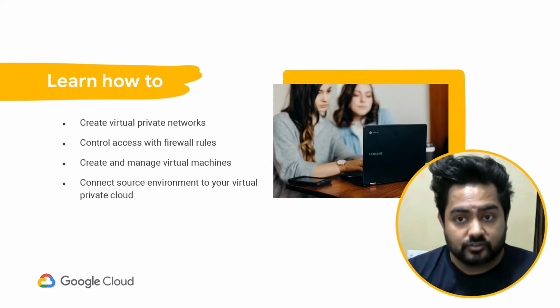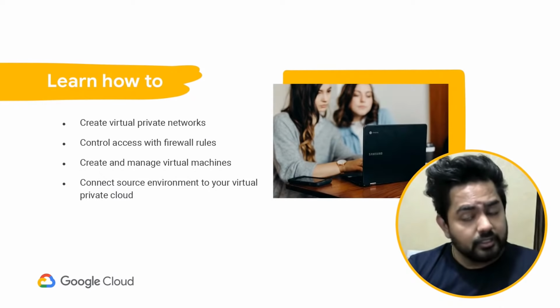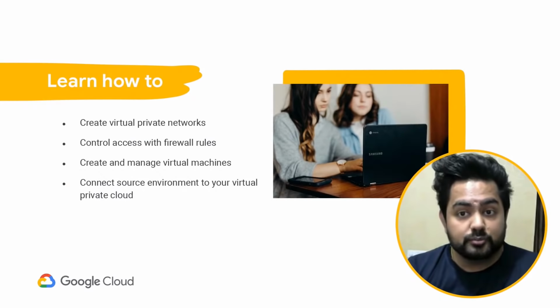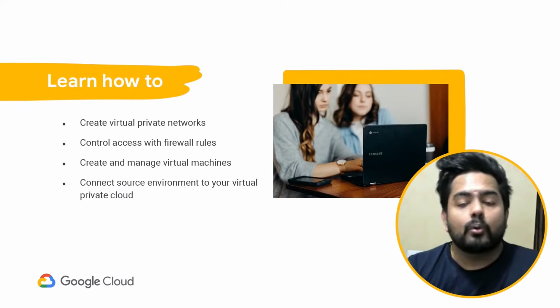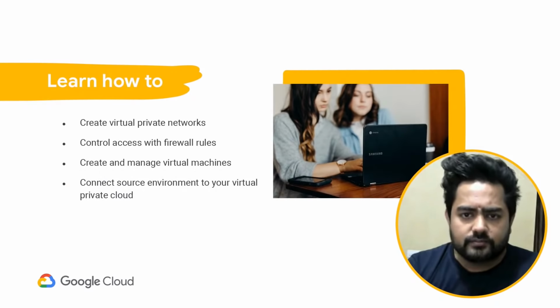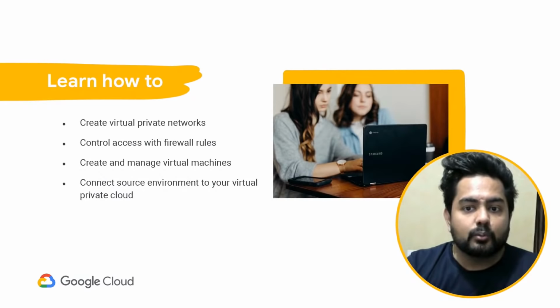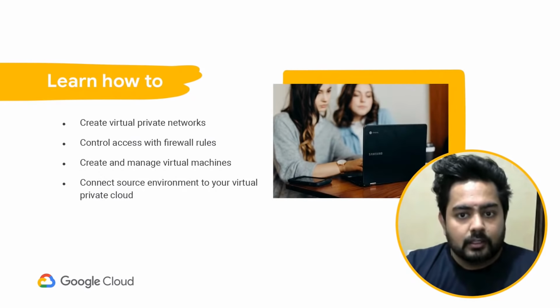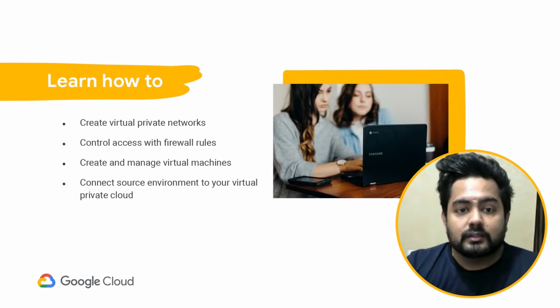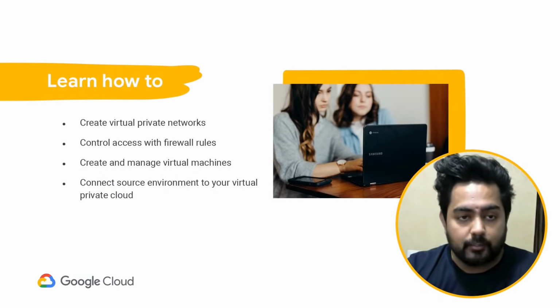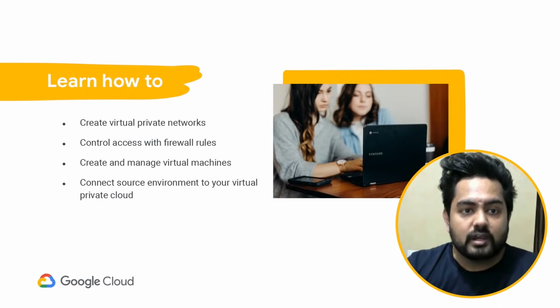You will learn how to create subnets, and in networking, we know what subnets are. You will learn how to create and manage a virtual machine in Compute Engine, what kind of configuration is right for us, how Compute Engine pricing really works, and finally we'll try and understand how we would create a connection between your on-prem environment or source environment and your virtual private cloud.